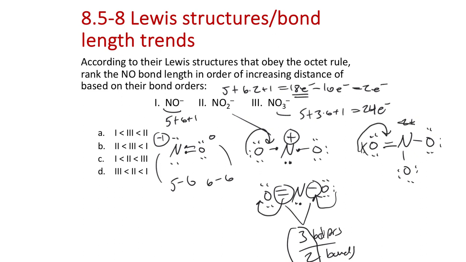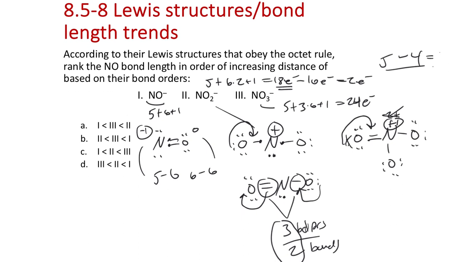And then that knocks the formal charge on nitrogen down to +1, because it's 5 minus 4. And then the oxygen that we made the double bond to is 0. The other two are negative.